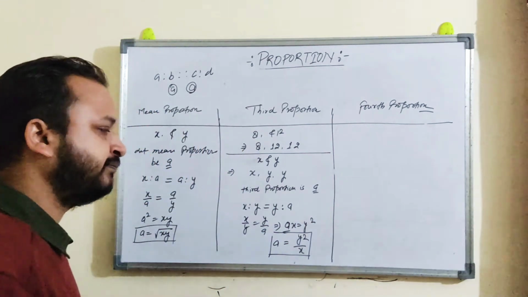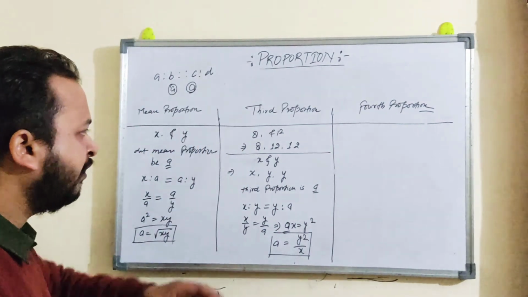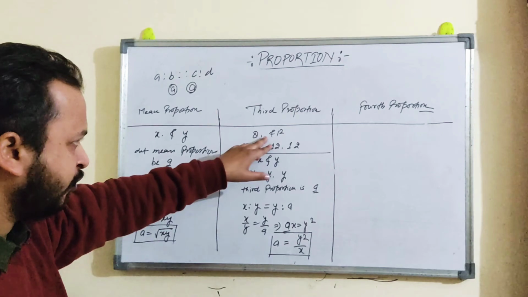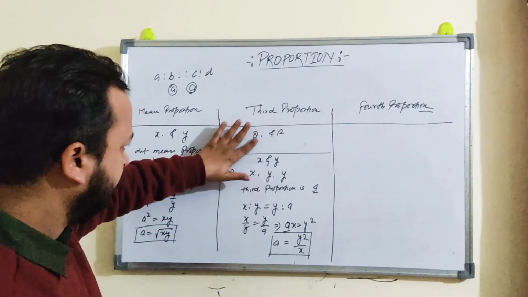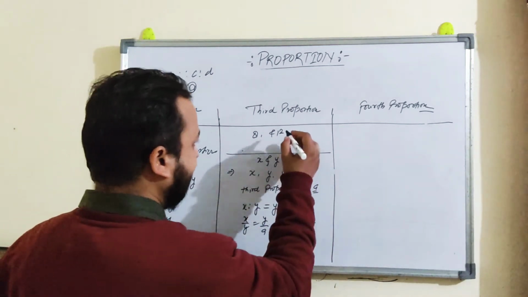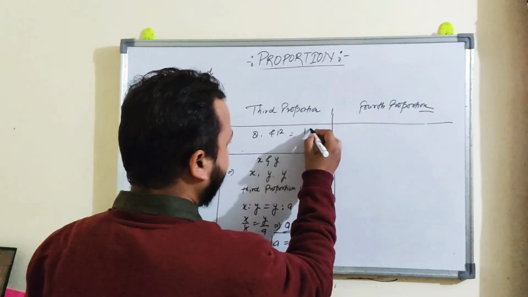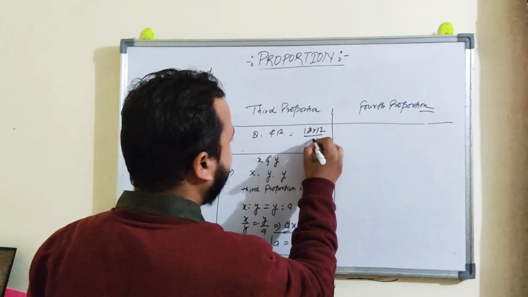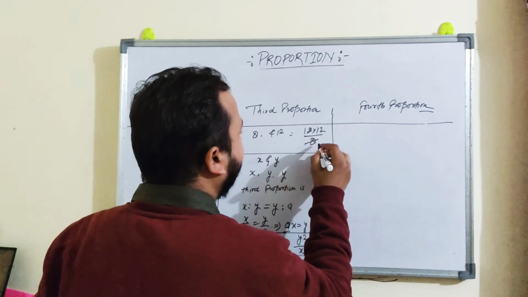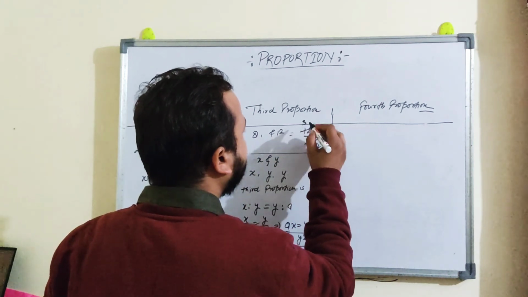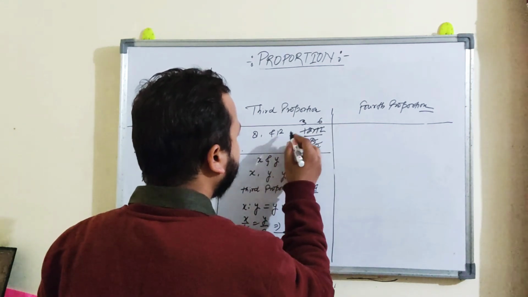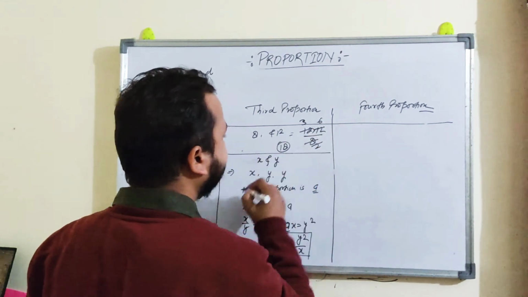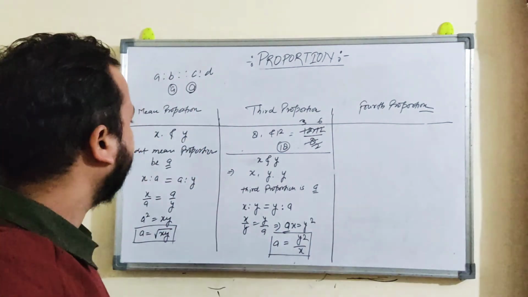This is the formula. So if you are going to find the third proportion of 8 and 12, you can directly write it as y square, that means the square of 12. So 12 into 12 divided by 8. 4 twos are 8, 4 threes are 12, 2 ones are 2, 6 twos are 12. So the third proportion of this is 18, right?